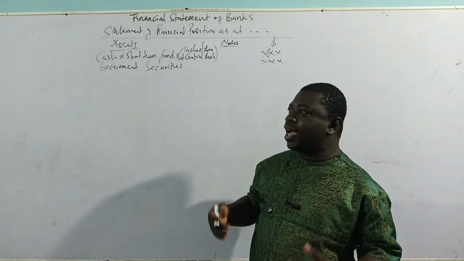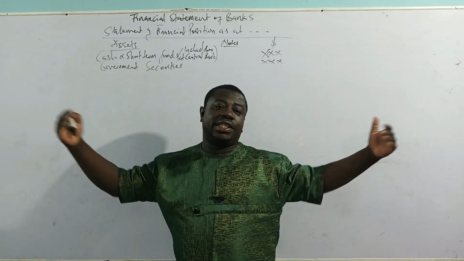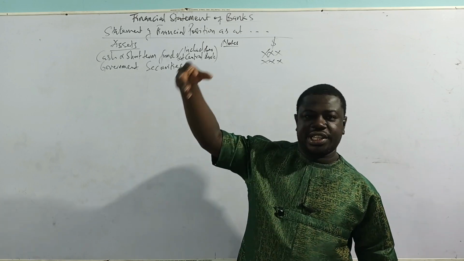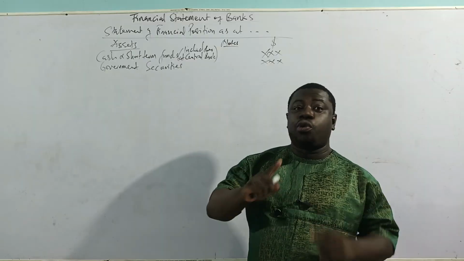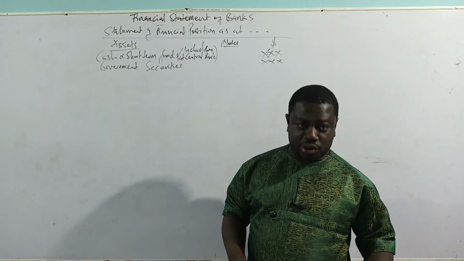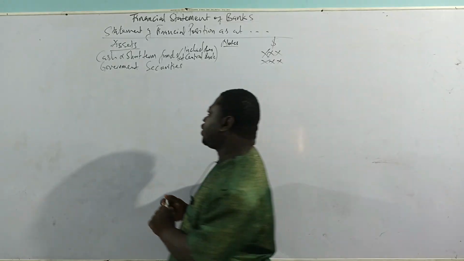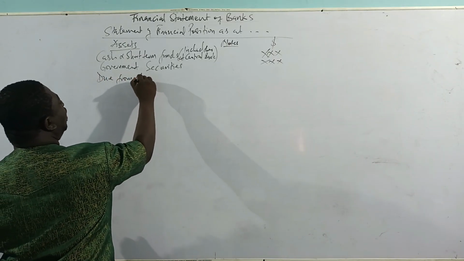You know, banks could lend their money to other banks and other financial institutions, just as they also borrow from other financial institutions to give us loans. Other financial institutions and banks could also borrow from them. So another asset, what you call receivable from debtors, they call it due from other banks and financial institutions.